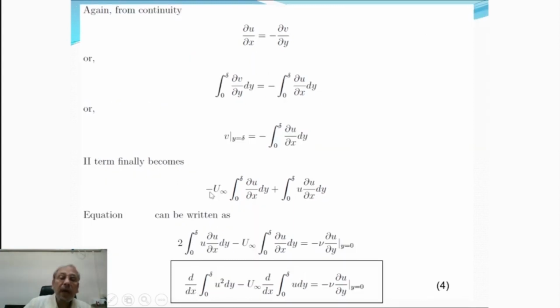So we can write minus u infinity integral 0 to delta ∂u/∂x dy, which is basically u into v at y equal to delta.